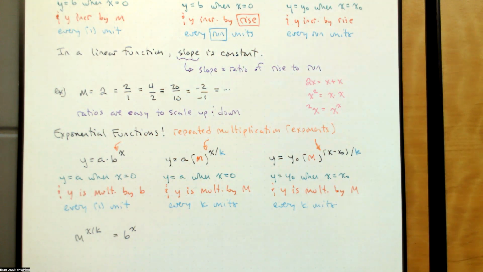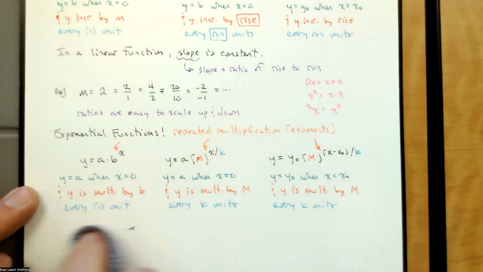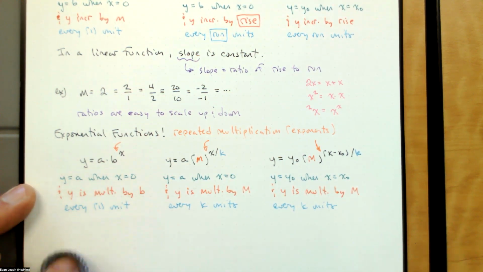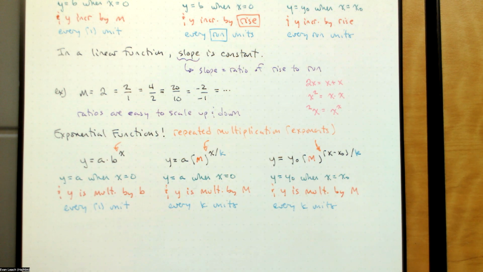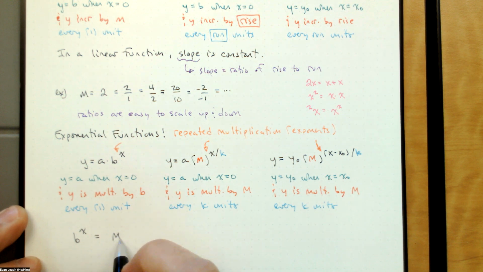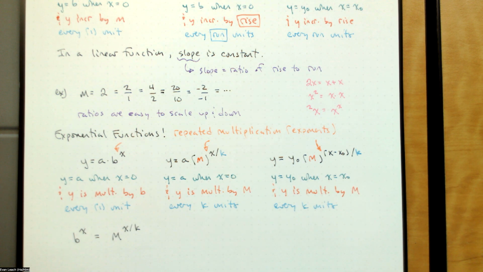So if I have a unit multiplier, if I want to figure out the unit multiplier from some k interval multiplier, don't worry about where we start.